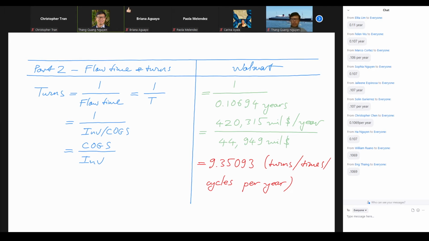Okay, so again, part one and part two are the general information about the whole Walmart, right? In part one, the basic information. In part two, we calculate the flow time of the whole supply chain or the inventory turns of the whole company, right? But in part three, we will do something different. Many of you here today will become a manager someday, possibly at Walmart, Target, many other retailers or any other companies, right?